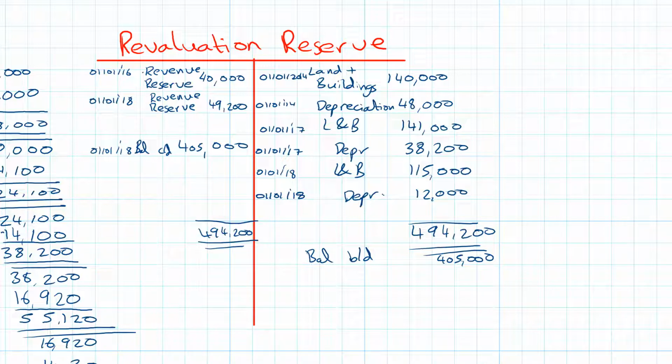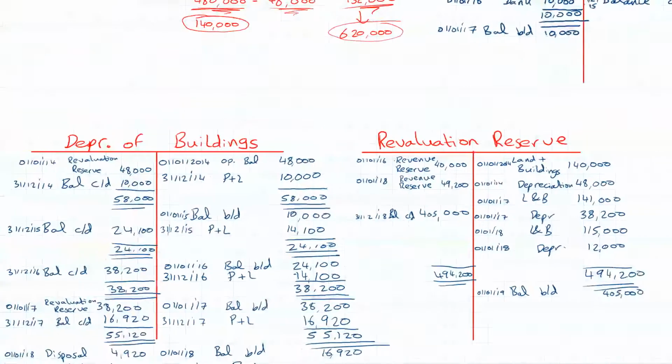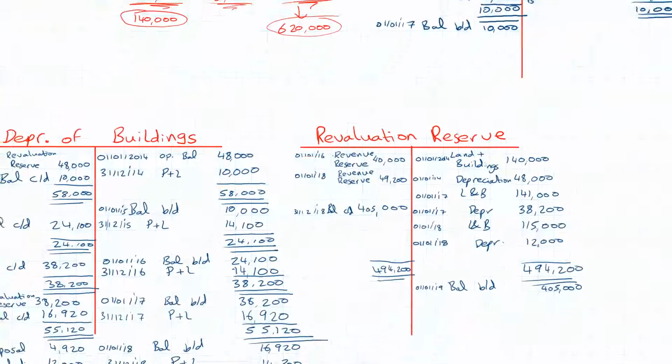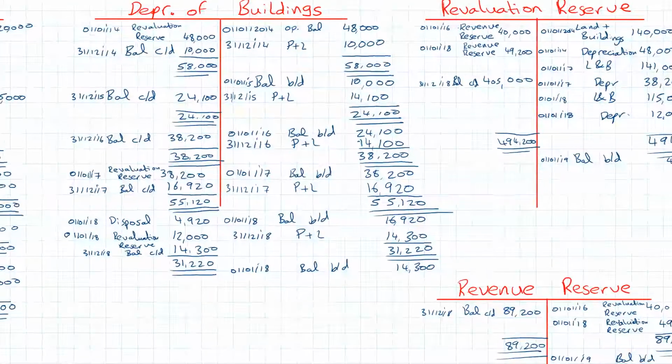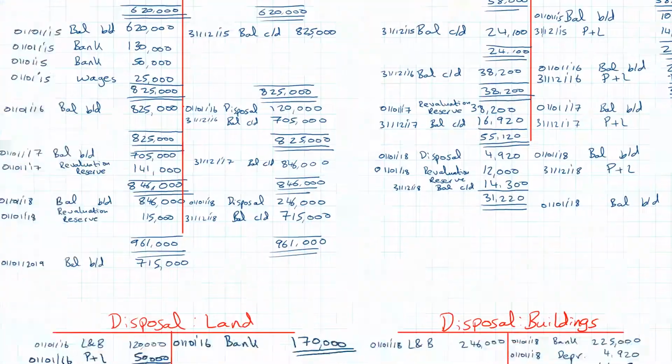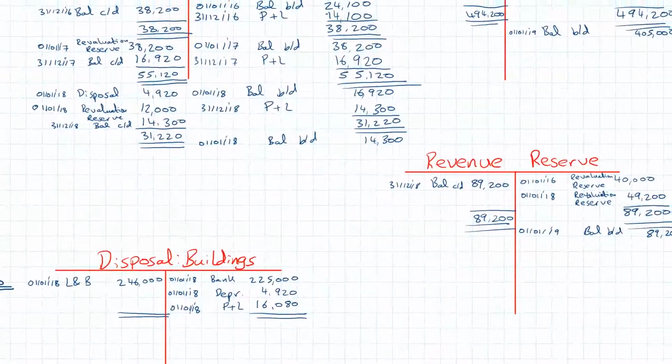So again, I got my dates wrong because I'm not paying as much attention as I should be. 31st of the 12th to 18, 1st of the 1st 19. Is everything looking good? Revaluation is balanced. Depreciation building balanced. Disposal, revenue reserve.